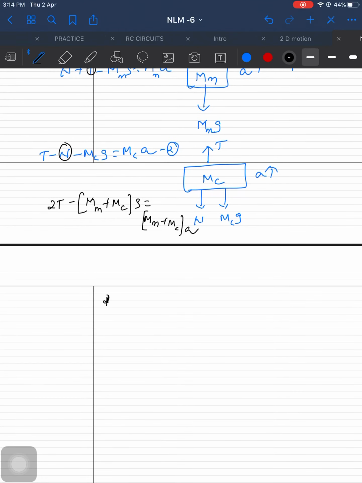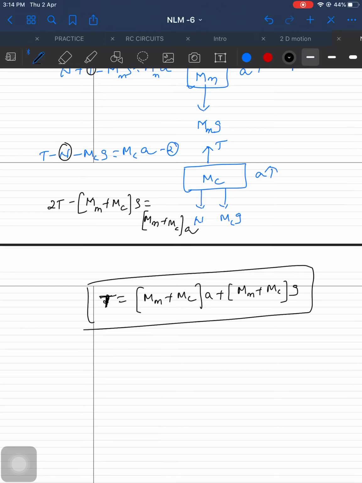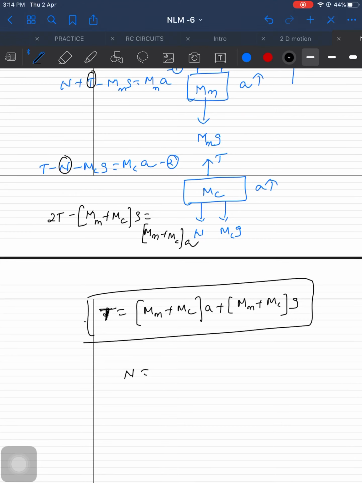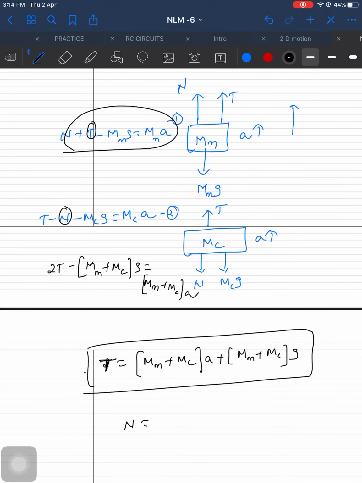So 2T, T is equal to mass of man plus mass of cage into a plus mass of man plus mass of cage into g, divided by 2. This is the answer. And if you want to get the normal, substitute this tension value in equation 1 or equation 2. We will get the normal.